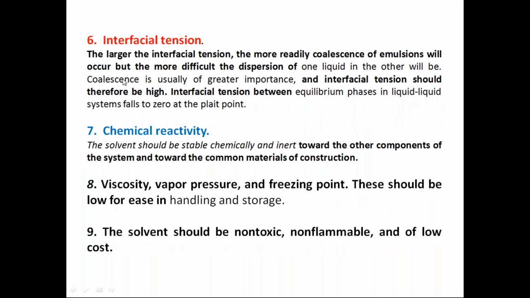Then another very important parameter in mixing is interfacial tension. The larger the interfacial tension, the more readily coalescence of emulsions will occur. How do emulsions form when one liquid is dispersing in another?